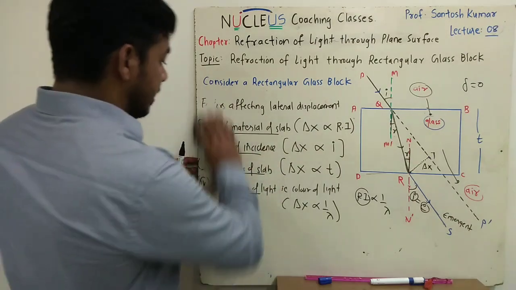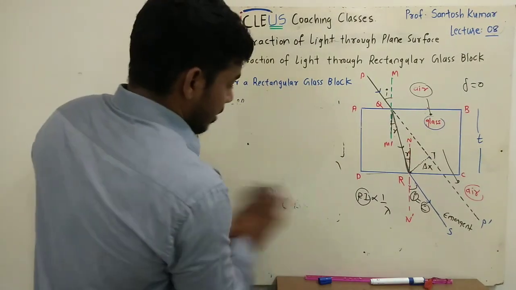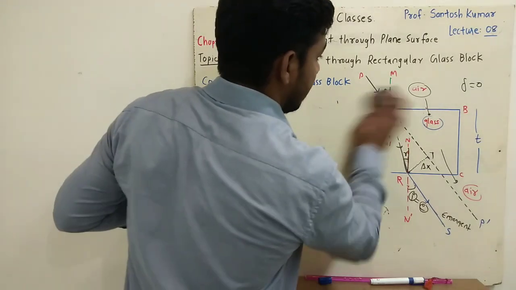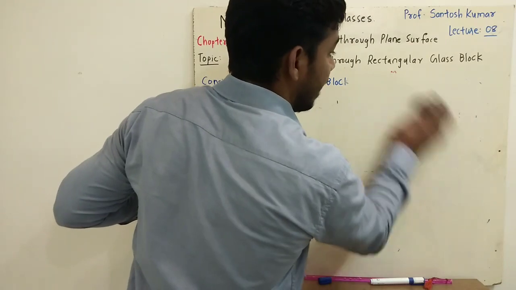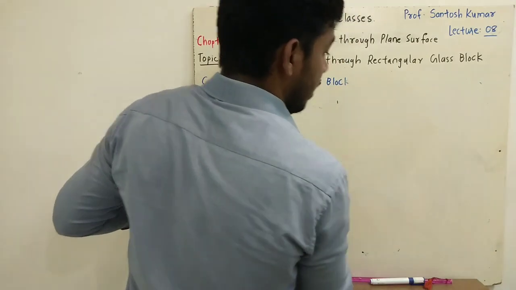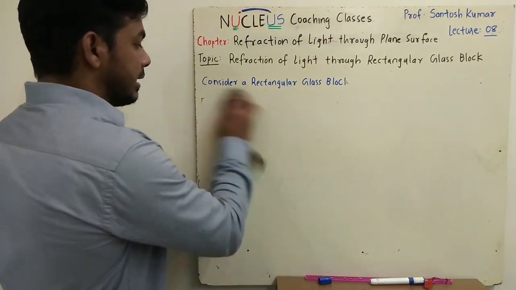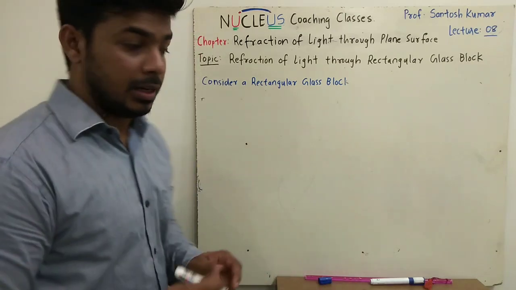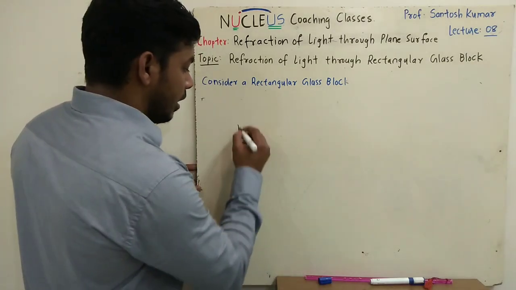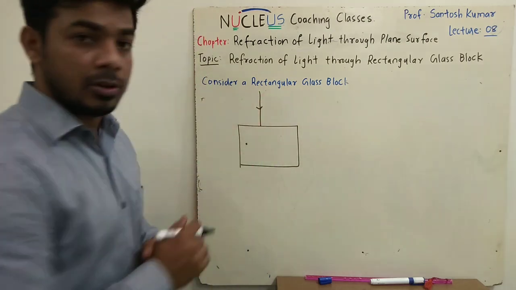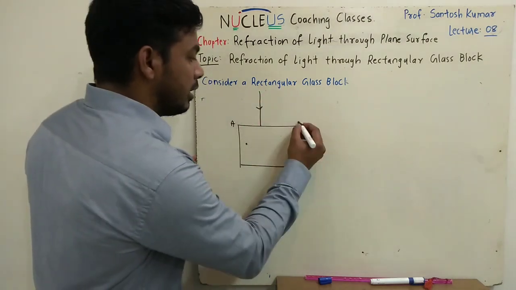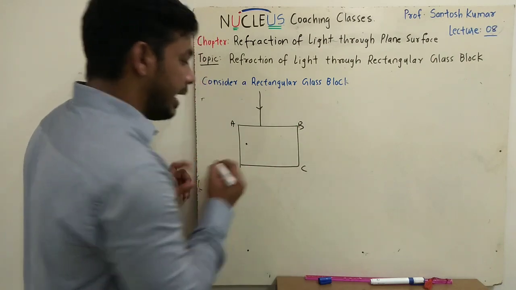If I give you a special case in this topic, it will be a ray of light incident normally on a rectangular glass block, or a ray of light passing through a rectangular glass block kept in a denser medium. So what if the ray is incident normal to the surface? Here we have two refracting surfaces AB and CD.